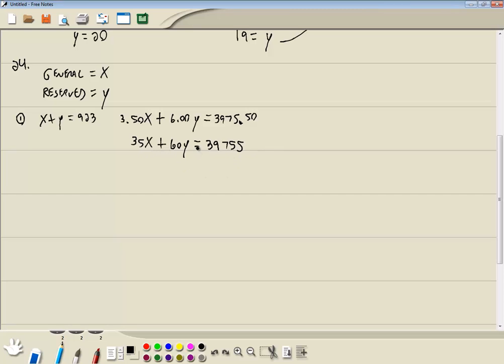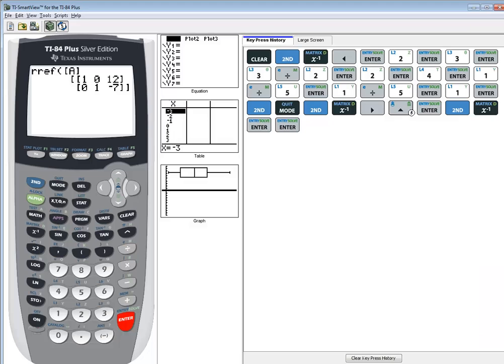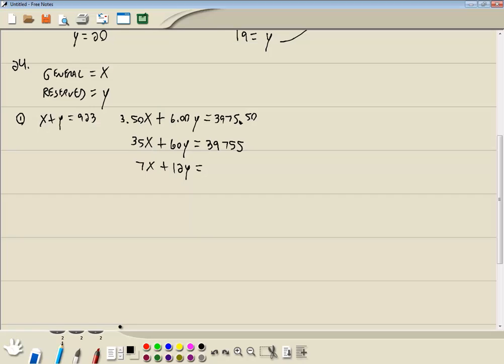These are all divisible by 5, so I can make it a little bit simpler. That gives me 7x plus 12y equals, pushing my luck if I try to do that one, 39,755 divided by 5, 7,951. Okay, and that's our second equation.